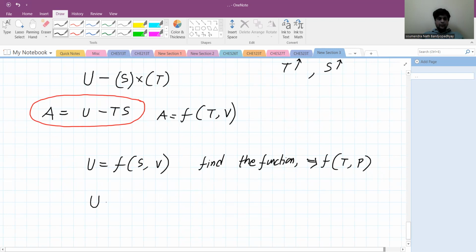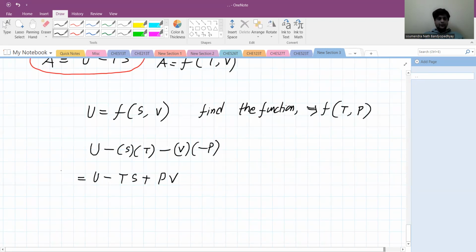Take the original function minus, get rid of the old variable S, replace it with its conjugate variable T. Again, there is another replacement. So minus original variable V and replace the volume with its conjugate variable minus P. So you will get U minus TS plus PV.